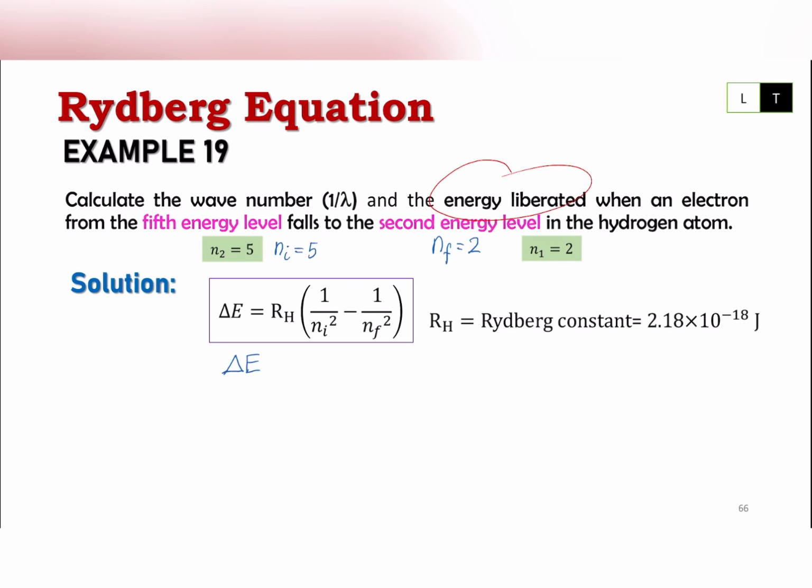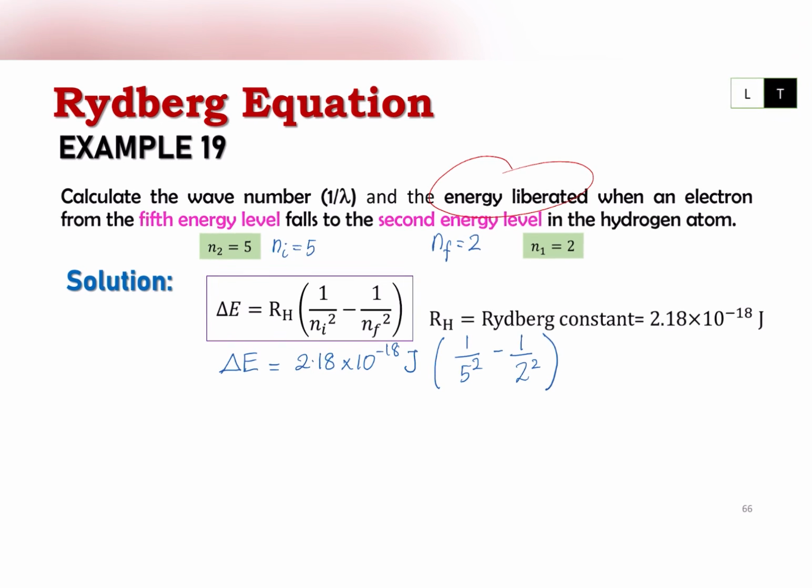Now, we are going to insert all those values. Delta E equals to 2.18 exponent negative 18 joule for the Rydberg constant, and then times 1 over 5 square minus 1 over 2 square, because in this case I need to base on N initial and N final. In the previous formula, I used N2 and N1 because we used the formula 1 over lambda.